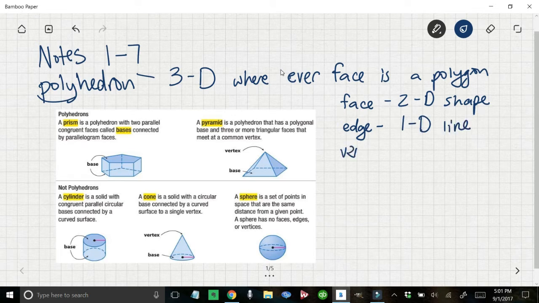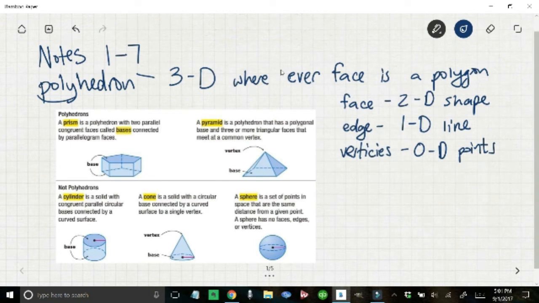Faces intersect at edges. Edges would be a one-dimensional line segment. And then edges all intersect at the vertices. And those would be zero-dimensional points.